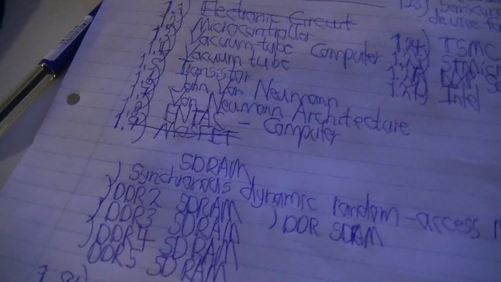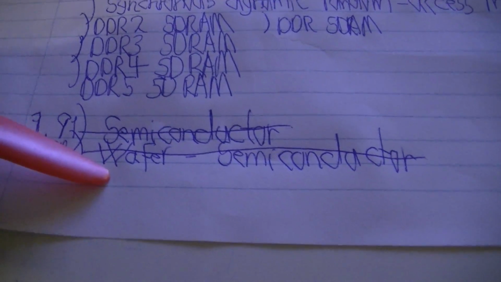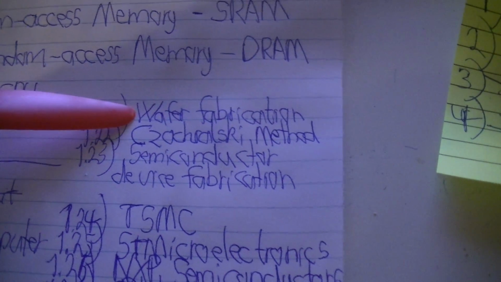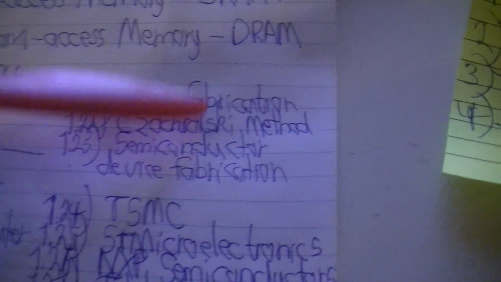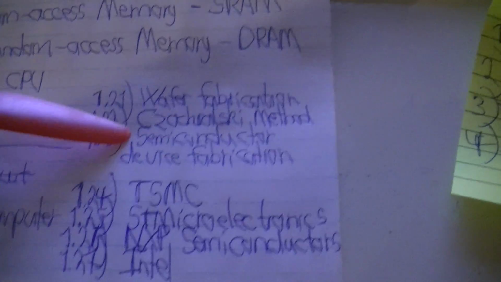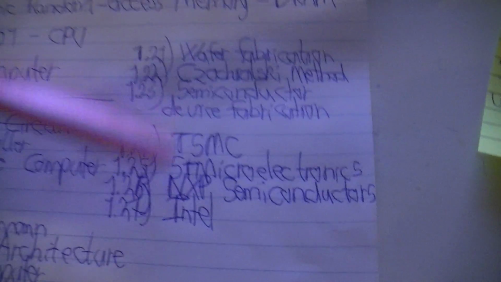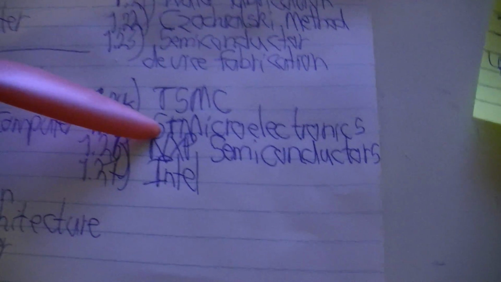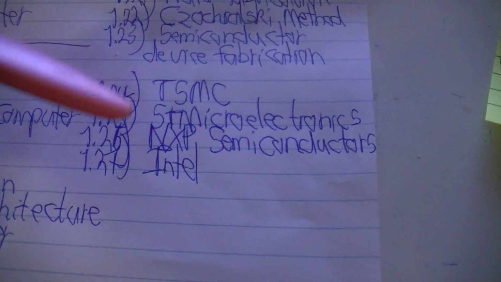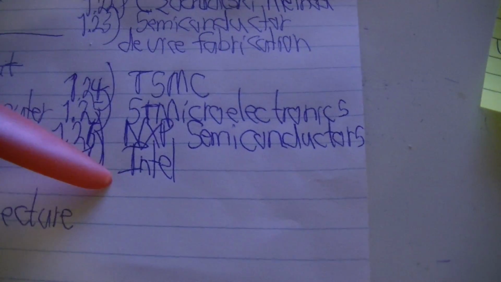Now, I did read about semiconductor wafers, so why not read about wafer fabrication and Socialetsky, I cannot say that, that's how you make semiconductor devices, and that's some four companies: TSMC, ST Microelectronics, NX Semiconductors, and then Intel.